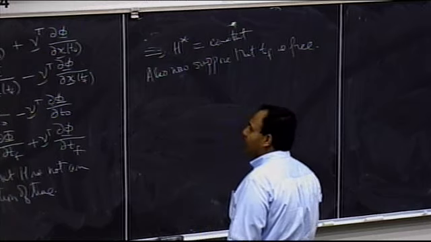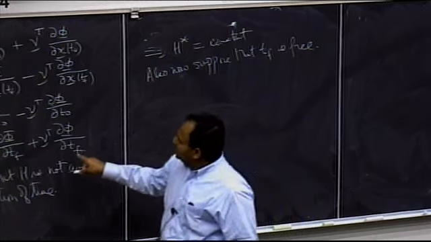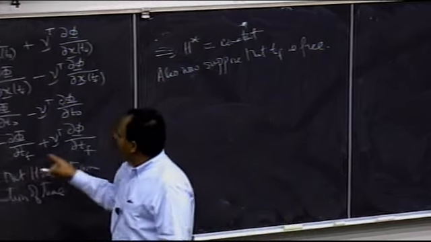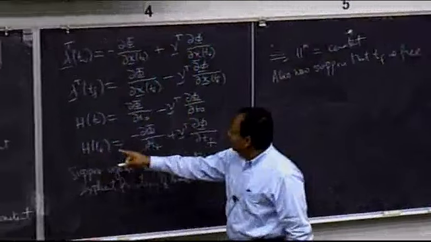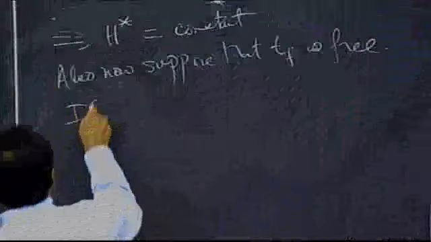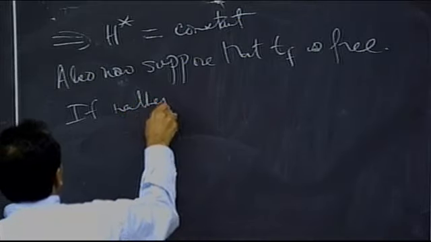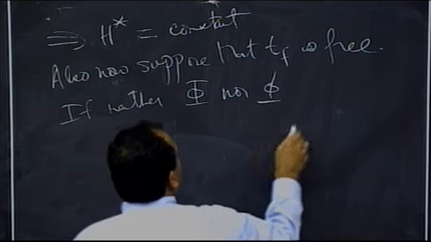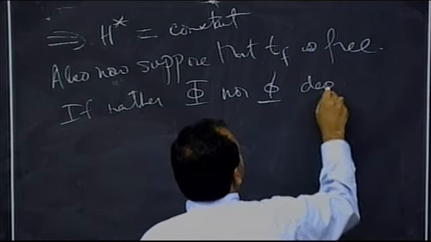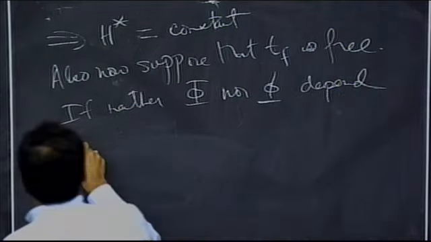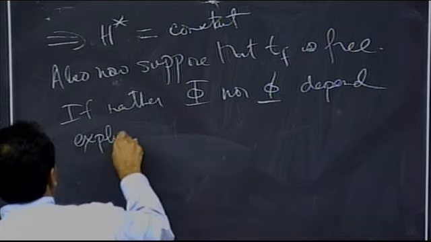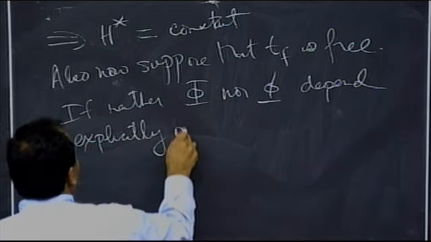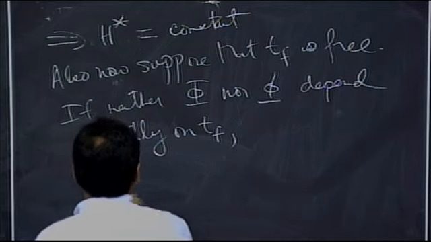If tf is free, we can see that in this condition right here, if neither phi nor little phi depend explicitly on tf, then what's true?